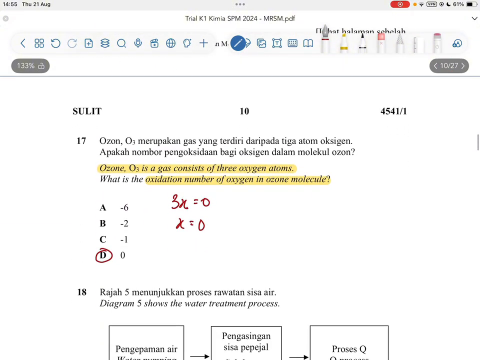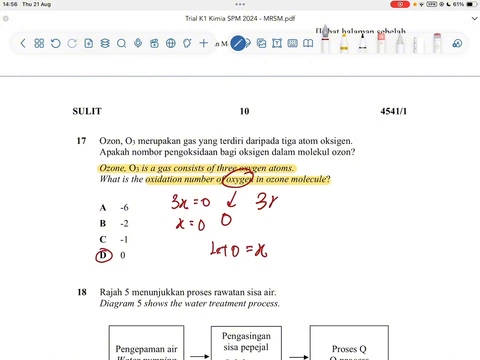Okay, question 17. Ozone O3 is a gas consisting of 3 oxygen atoms. What is the oxidation number of oxygen in the ozone molecule? So for this kind of question, you need to find the oxidation number of oxygen. So ozone has 3 O, and we want to find oxygen. So the symbol is O. Let this O become X, which is unknown, that we are going to identify the value.